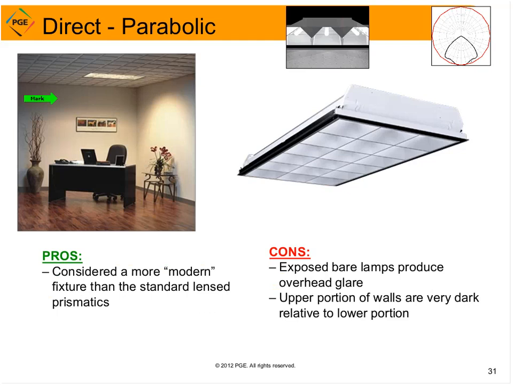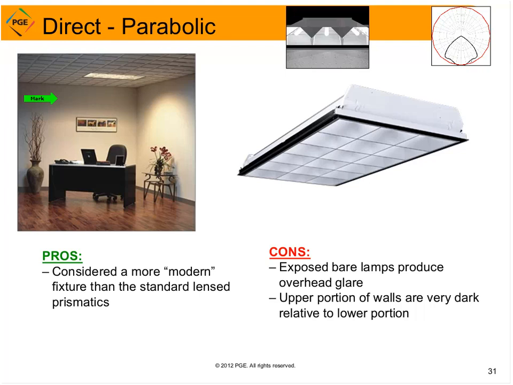In this picture, notice the dark upper walls that create a cave effect because of the sharp cutoff of the parabolic louvers. Retrofitting parabolics with LED T8 lamps is a tempting option, but can make this cave effect even worse, cause more glare, and give the fixture an unnatural appearance.